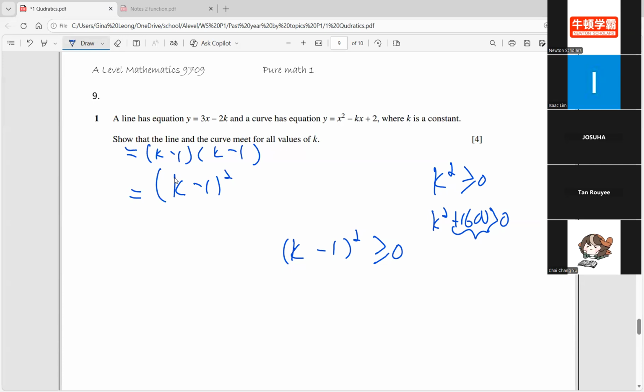So when you have k minus 1 square, because this thing is always more than or equal to 0, okay, you need to show this one. So when it's always more than or equal to 0, that means it will meet for all values of k.